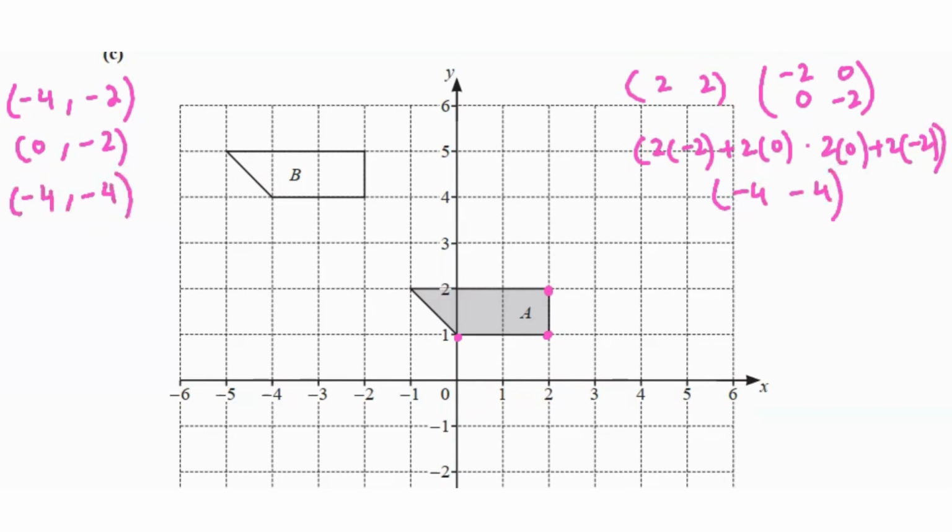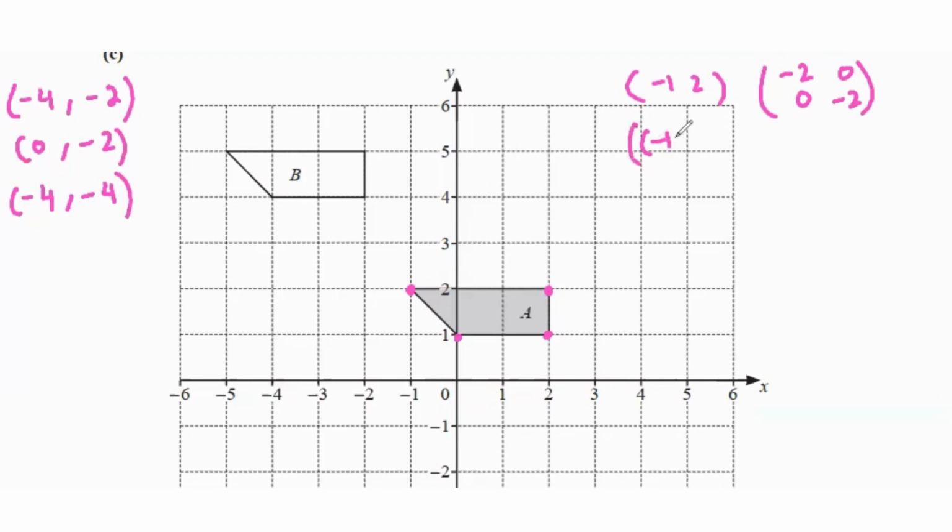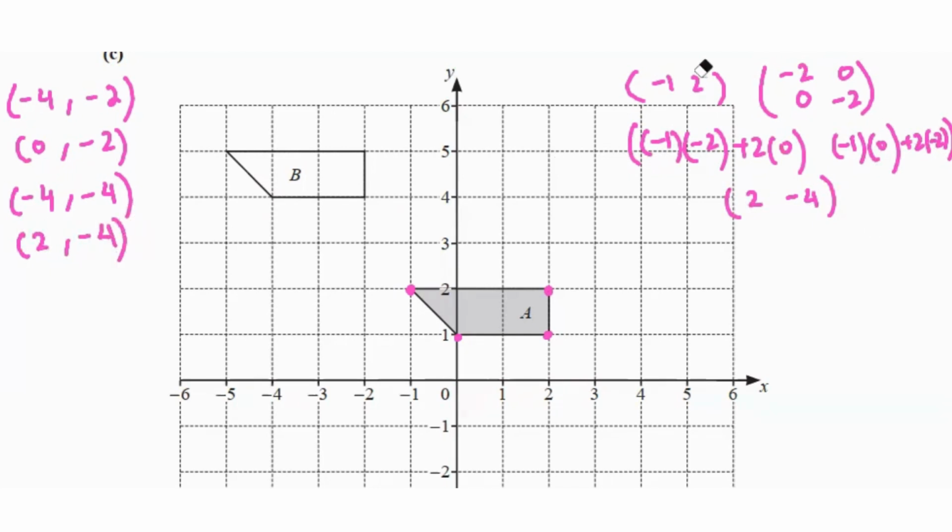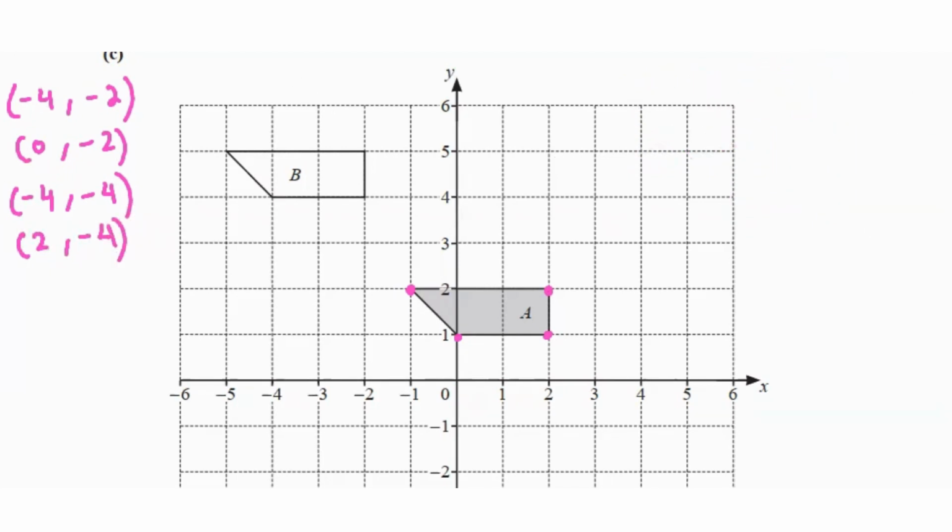And now we're left with just one coordinate, which is this one. So that will give us negative 1 and 2. So negative 1 times negative 2 plus 2 times 0. Then negative 1 times 0 plus 2 times negative 2. That's going to be 2 and negative 4. So these are our 4 coordinates. And now let's plot these.